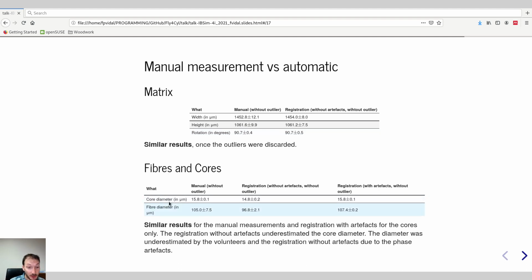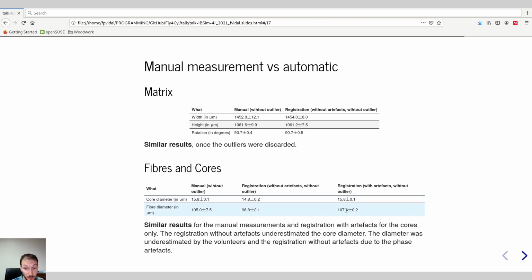For the fibers and cores, we look at the manual registration and manual measurement, registration without artifacts and with artifacts. And what is interesting is that the registration without artifacts is actually not working, and when we add the phase and so on, it's a lot better.